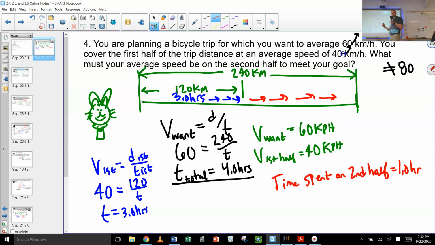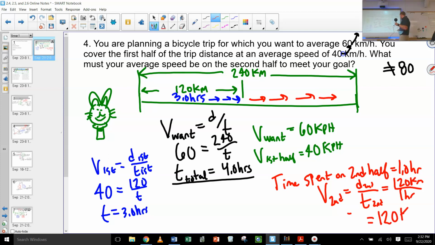So how fast do I have to go on the second half? Velocity second half is equal to the distance second half divided by the time second half. The distance for the second half is 120. The time for the second half is 1 hour. So I have to go 120 kilometers per hour.